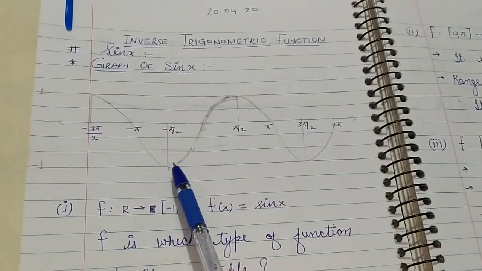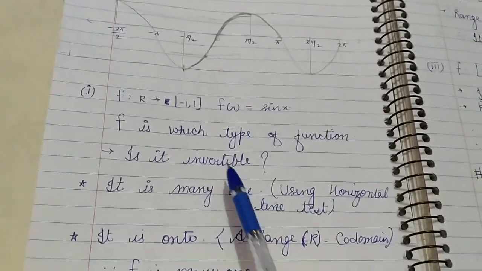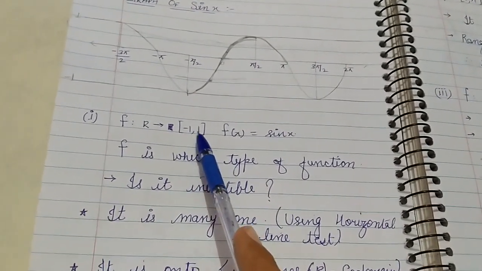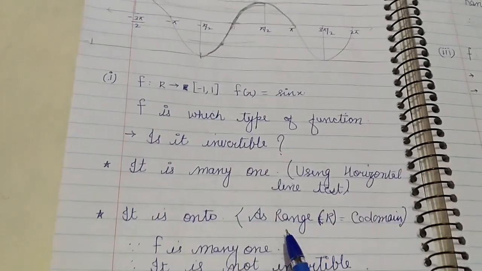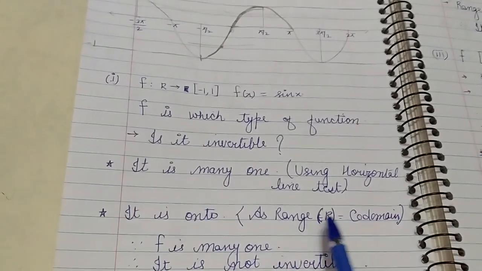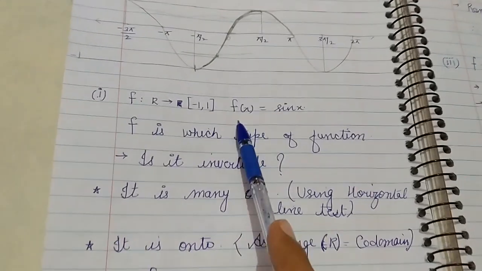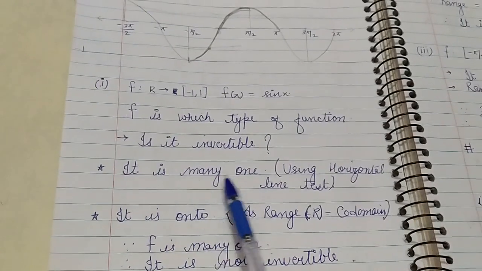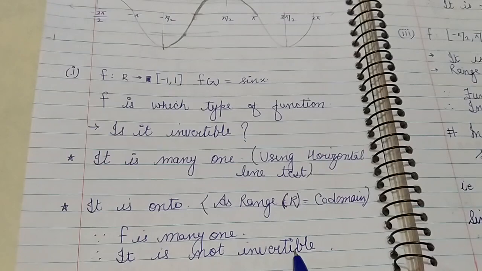Hence the range of this function is -1 to +1, and the codomain is also -1 to +1. Range and codomain are equal to each other. That's why the given function is onto. That means f(x) = sin x is onto under this condition. But because it is many-one, this function is not invertible.